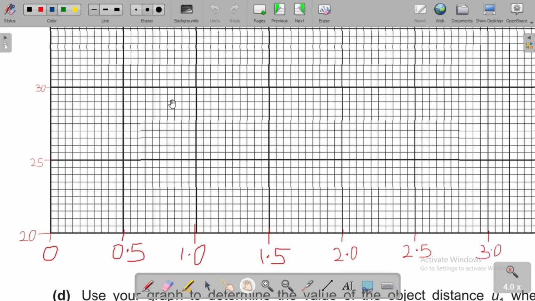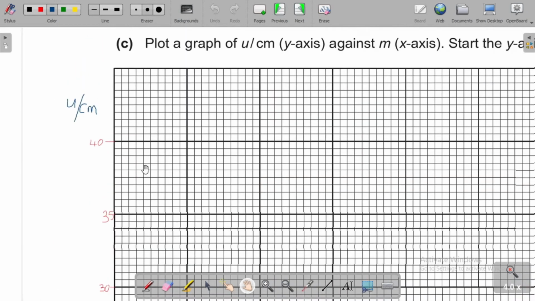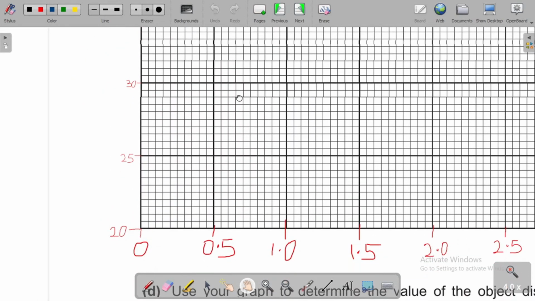We have one line, two, three, four, five lines. So what I have done is to do the scale in such a way that it will occupy most of the lines. So we start 20 here. This one, 25. That means 10 boxes. 1, 2, 3, 4, 5, 6, 7, 8, 9, 10. 10 boxes will give you 5 units.